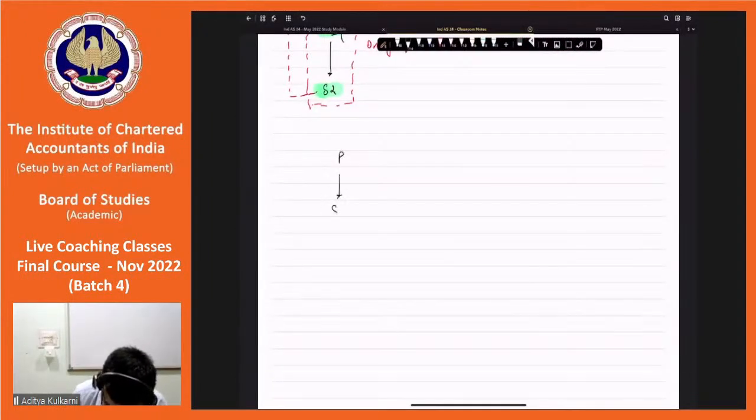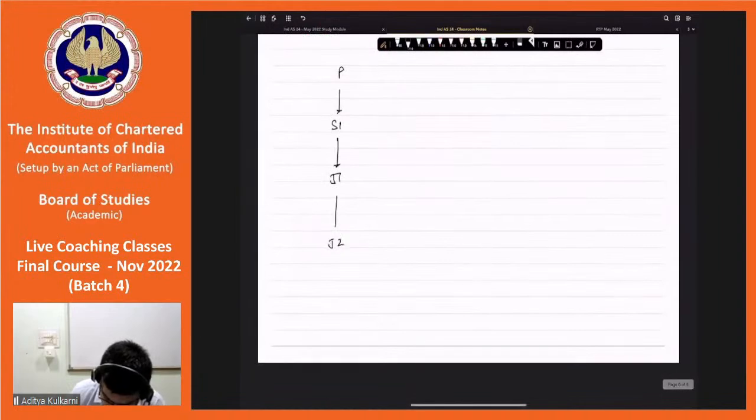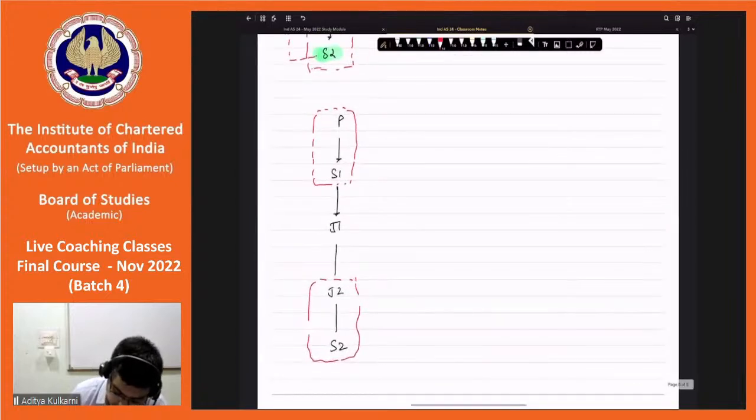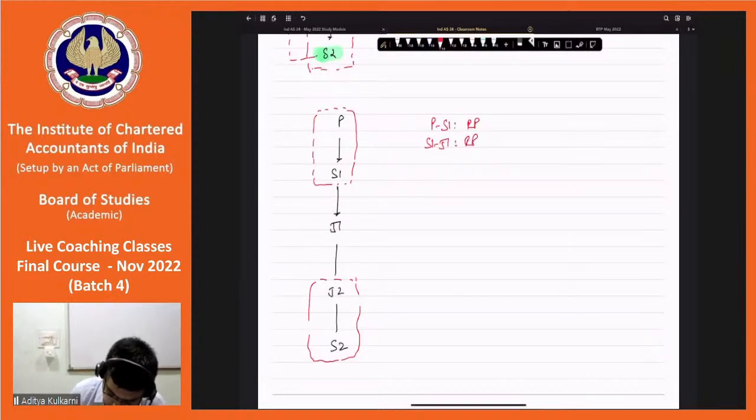P, S1, J1, J2, S2. So this is one group. P to S1 related parties. S1 to J1 related parties.